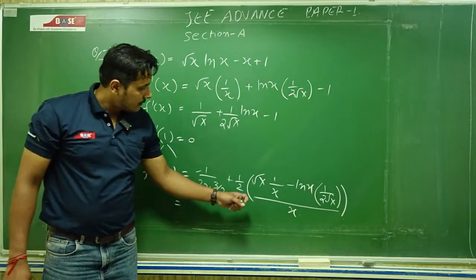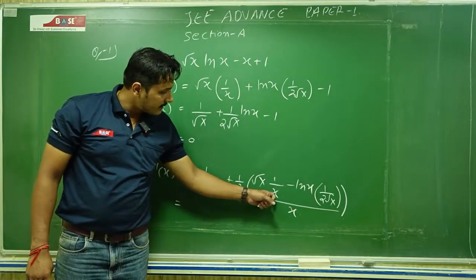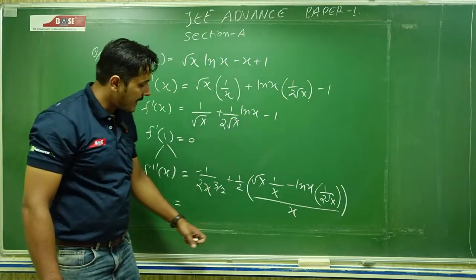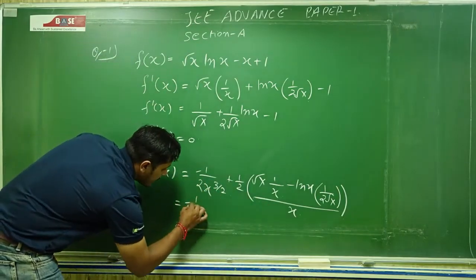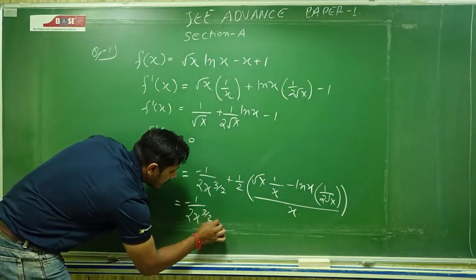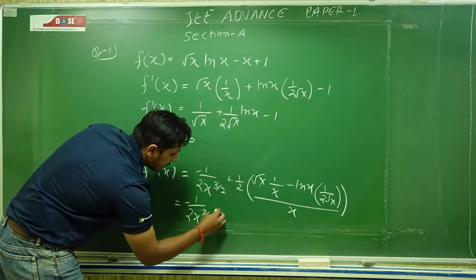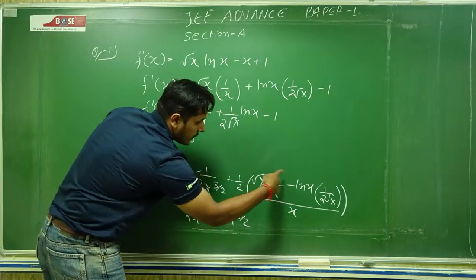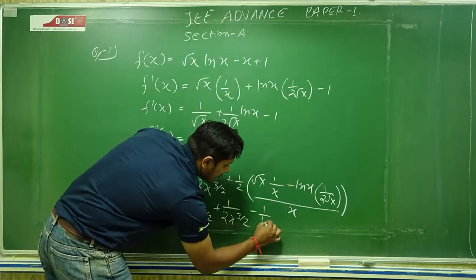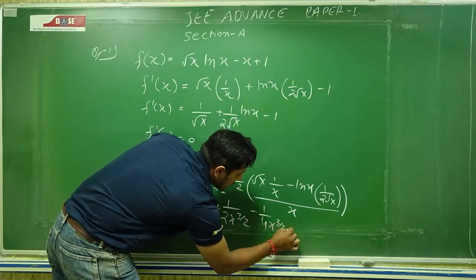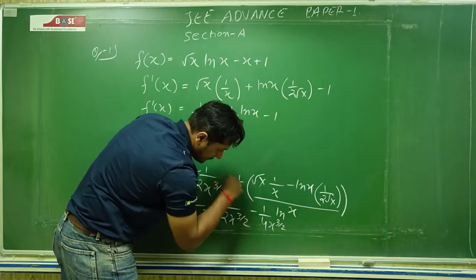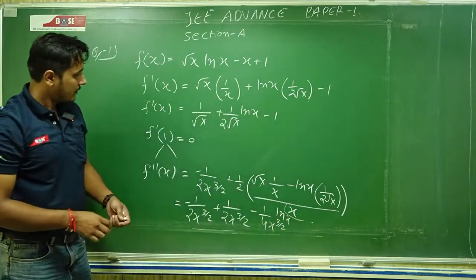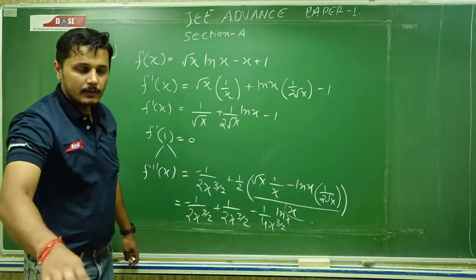If I cancel this, root x will come common, and this is also x, so this becomes x to the power 3 by 2. So minus 1 upon 2 x to the power 3 by 2, and this will become plus 1 upon 2 x to the power 3 by 2. This is minus 1 upon 4 x to the power 3 by 2 ln x, which is separate.